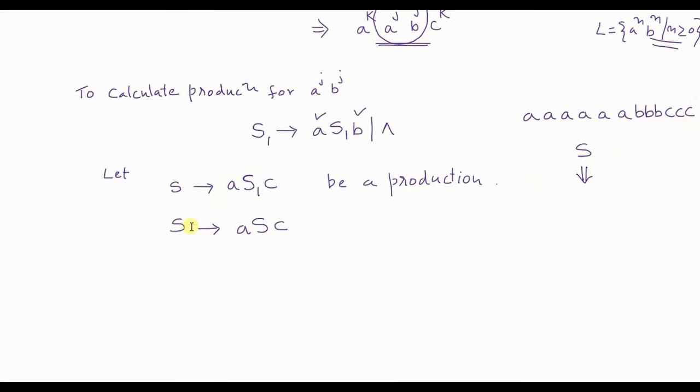If I replace S with A, S1C, it will definitely help me match one A with one C, but for the more A's and C's that are remaining, this will not work. Since I know that this option hasn't worked in my previous case, I will go for the next option. So I will replace S with A, S, C. Let's see whether this works.